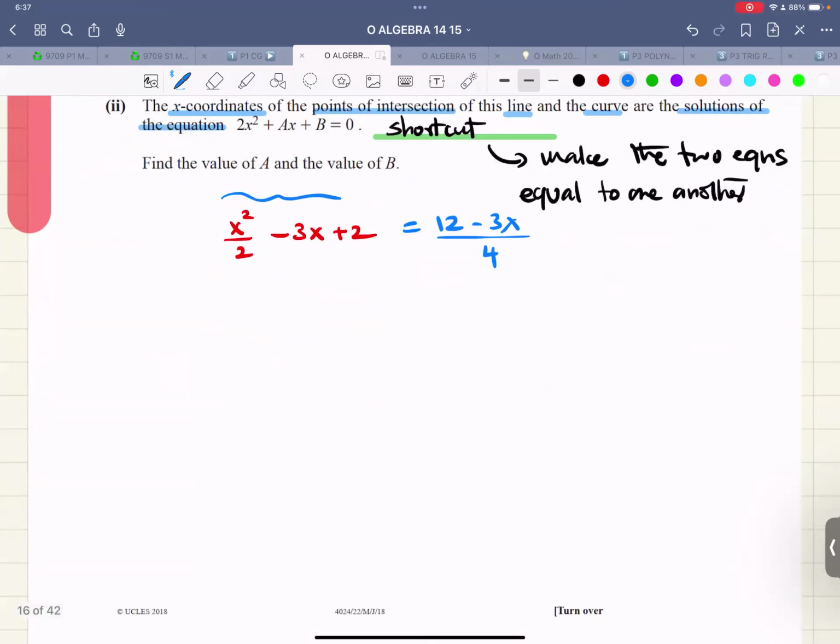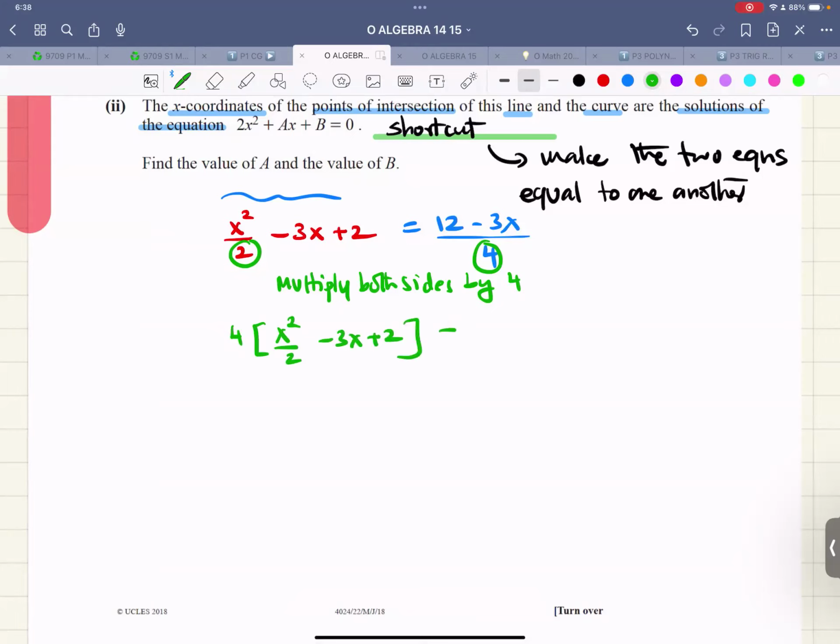Now what I'll do is multiply both sides by 4. Why? Because I want to get rid of this 4 and this 2. So if I multiply by 4, this is 4 times x squared over 2 minus 3x plus 2, and this is 12 minus 3x over 4 multiplied by 4.